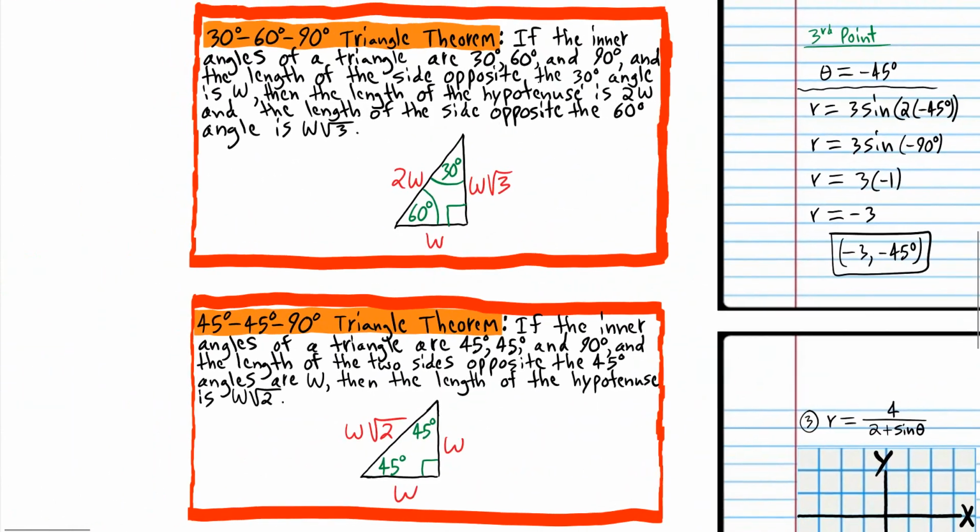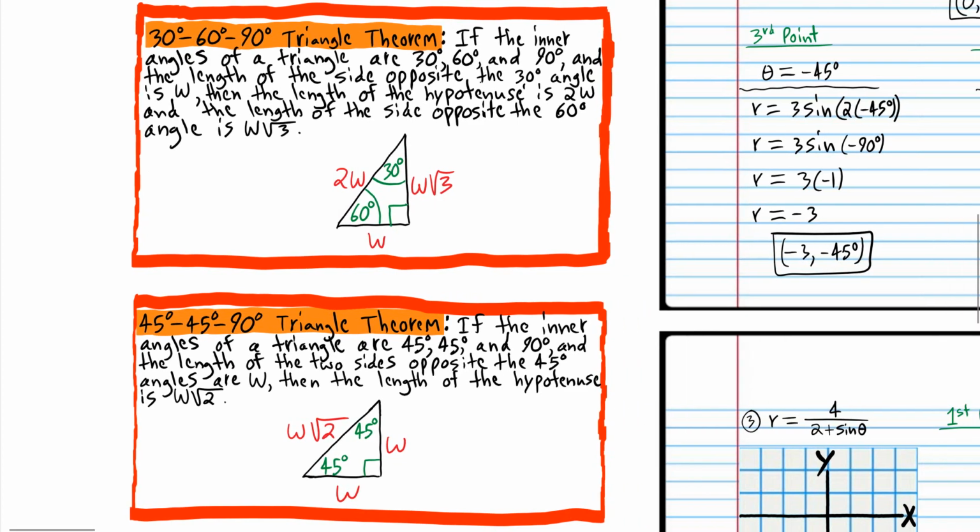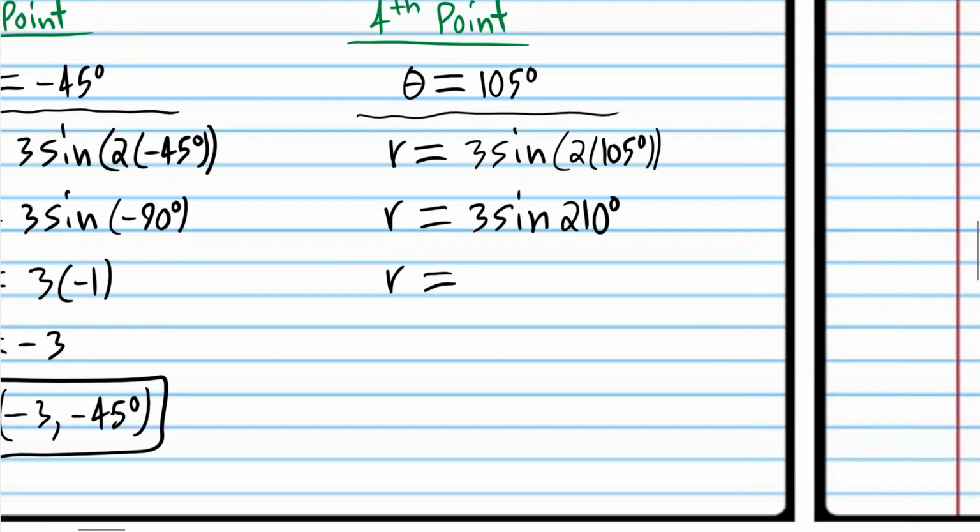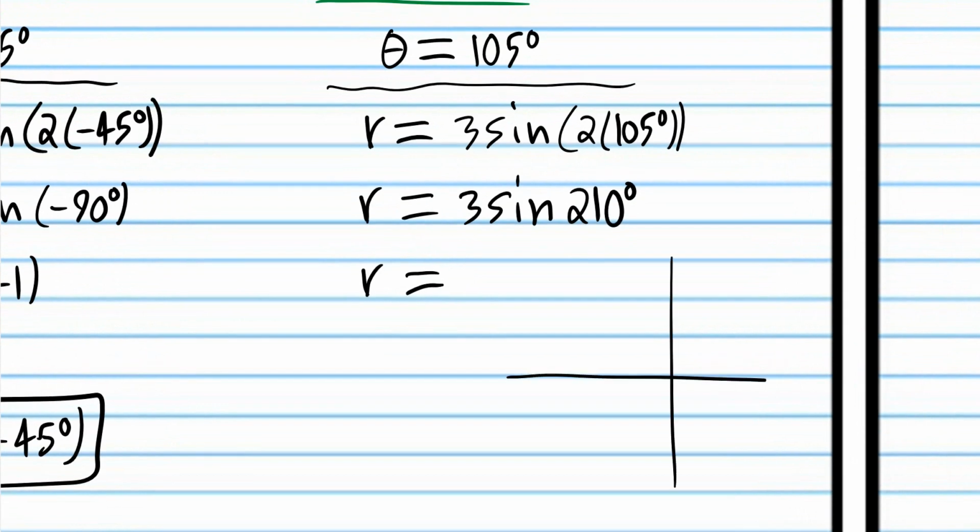So you want to get a picture of these triangles if you need to. You should be pretty familiar with that information there. But we're going to rotate 210 degrees, which would get us here, and we need to calculate the reference angle, which would be 30 degrees. That's this purple angle here.